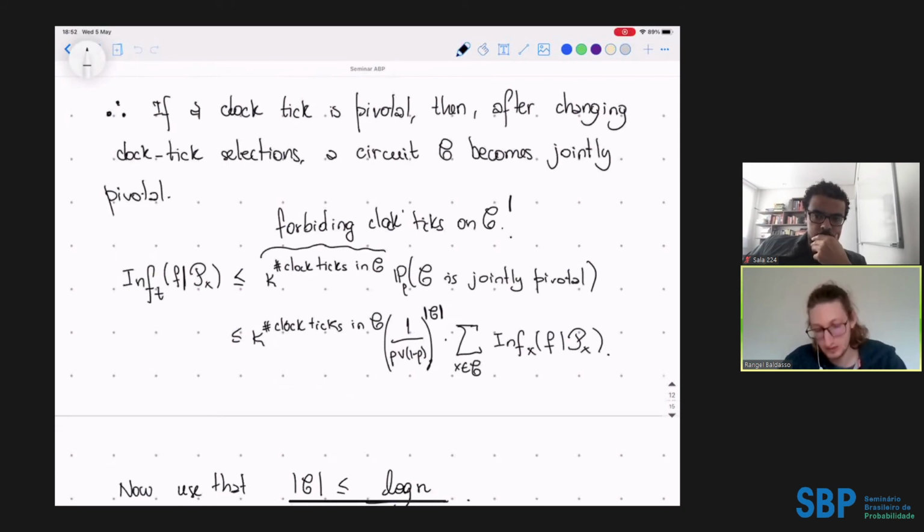Then if we change one at a time, we get this other contribution here that is exponential in the size of C, times the sum of influences.